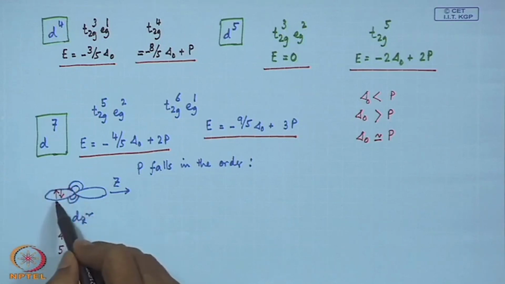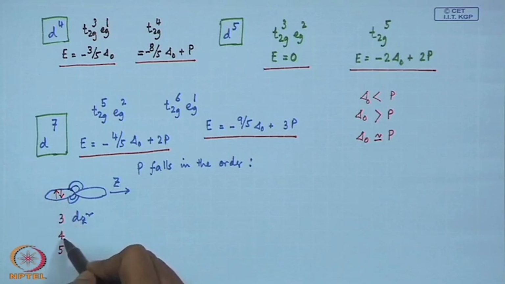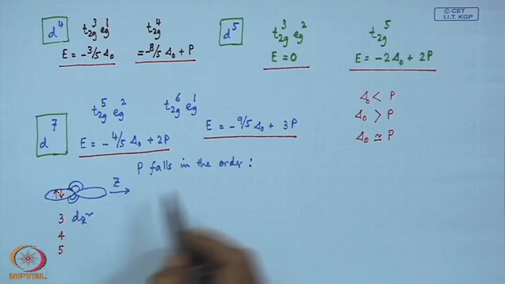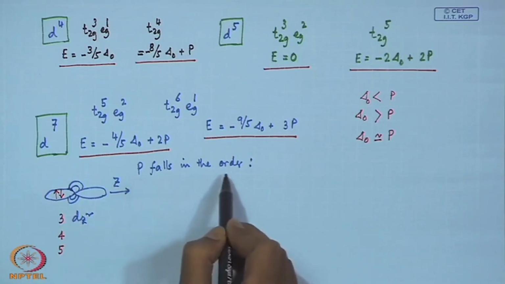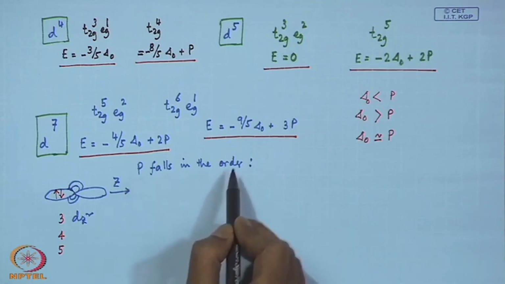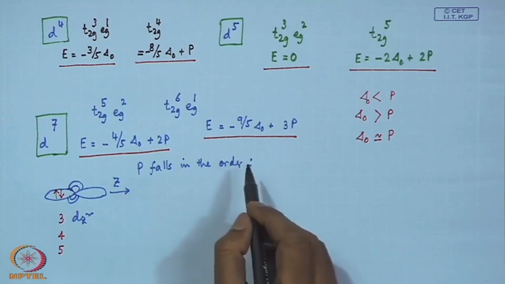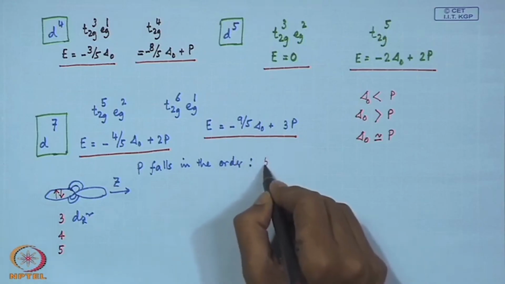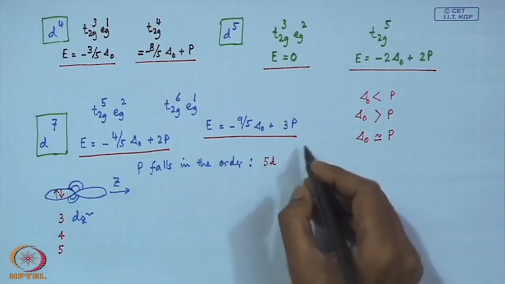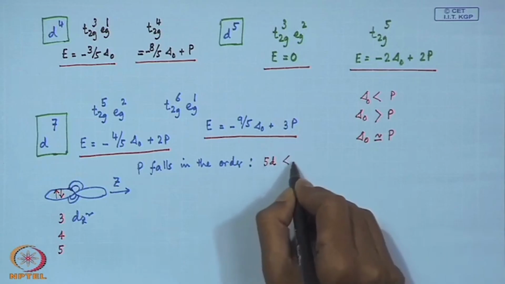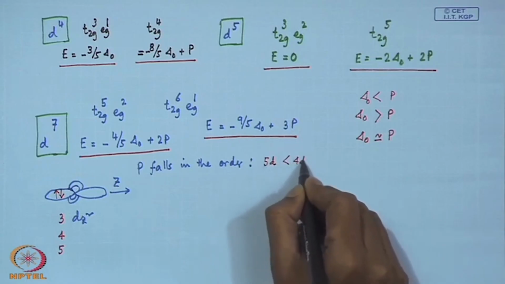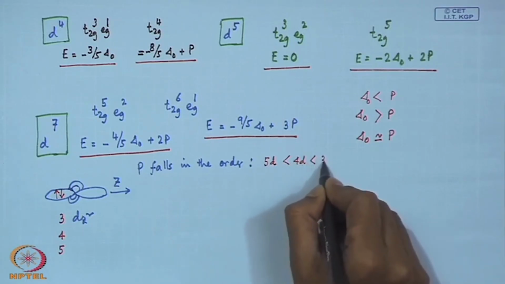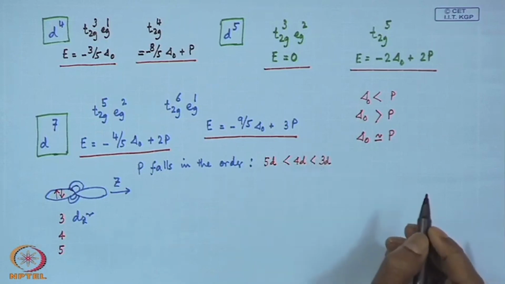So the repulsion experienced by the 2 electrons would be less in case of 4 and in case of 5 also. So that's why P, the pairing energy for the pairing of electrons in these levels, basically falls in the order where the 5d level has the lowest pairing energy compared to 4d and then 3d.